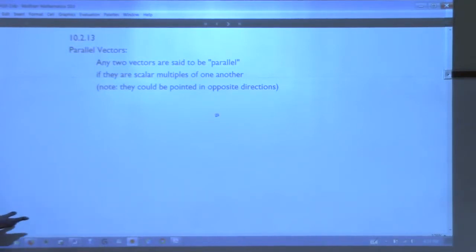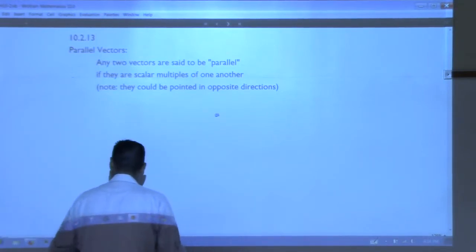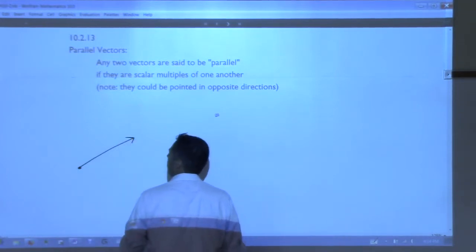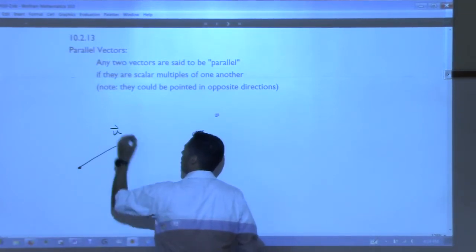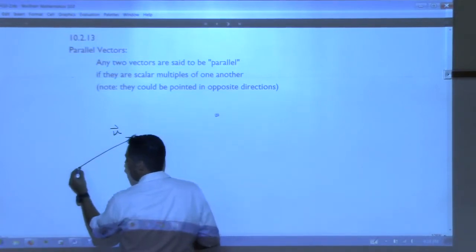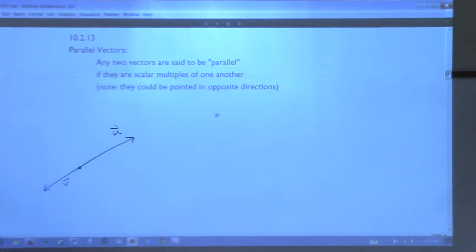That's the definition. So look at this vector right here. If I draw this vector, call that u, then I draw another vector, let's say like this, call that v, are they parallel? Are those vectors parallel?